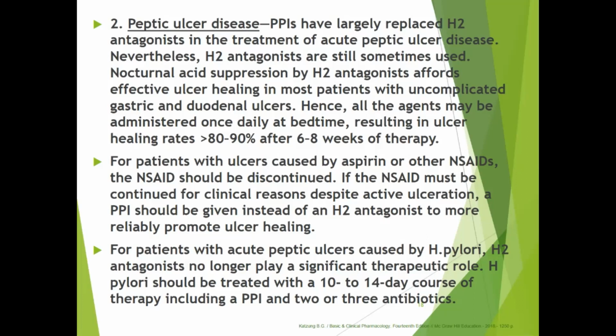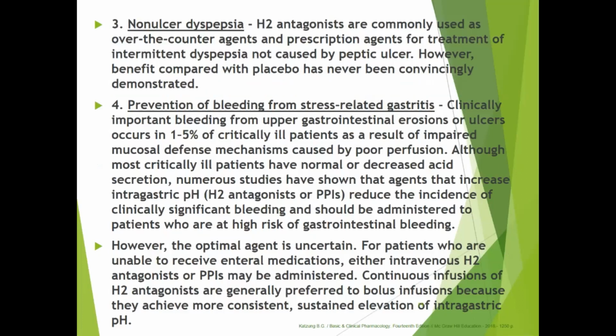For patients with acute peptic ulcer caused by Helicobacter pylori, H2 antagonists no longer play a significant therapeutic role. Helicobacter should be treated with a 10 to 14 day course of therapy, including a proton pump inhibitor and 2 of 3 antibiotics.